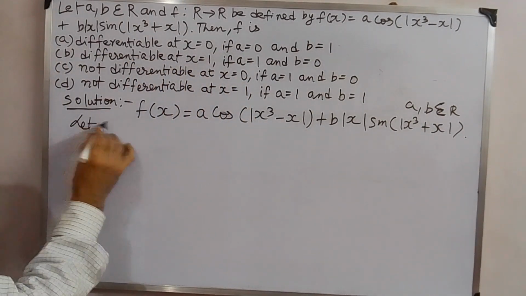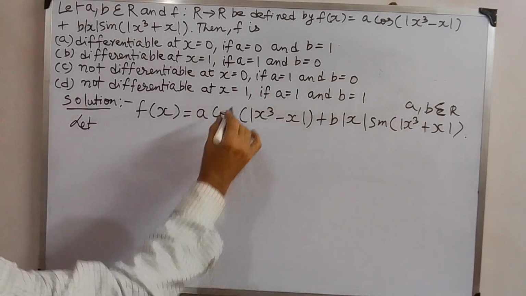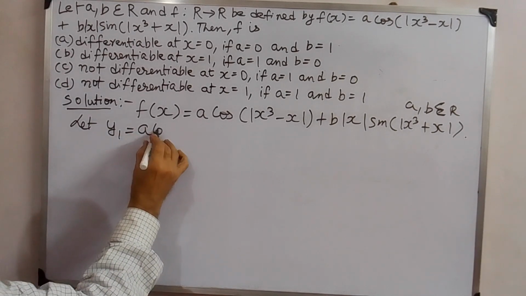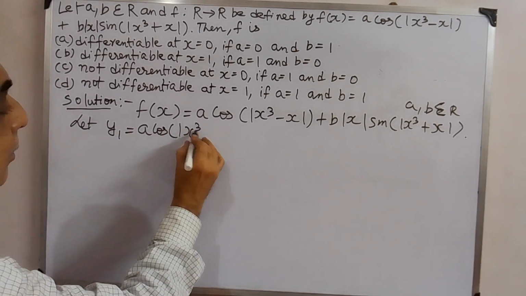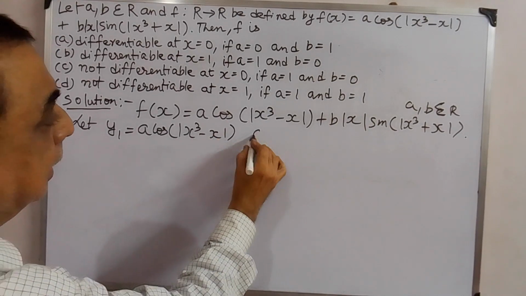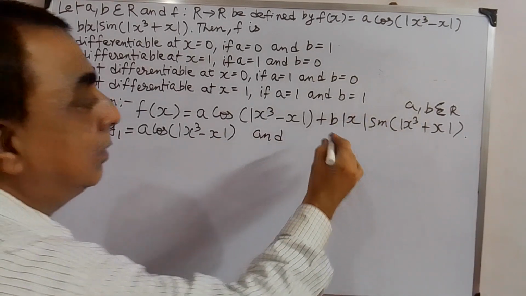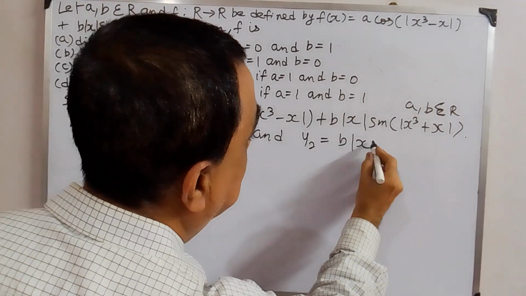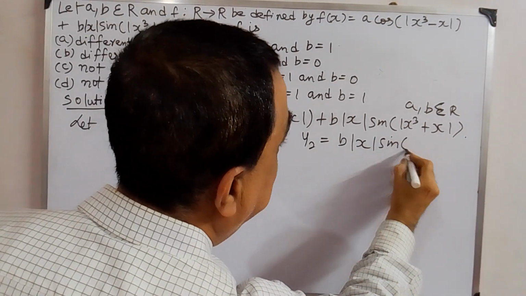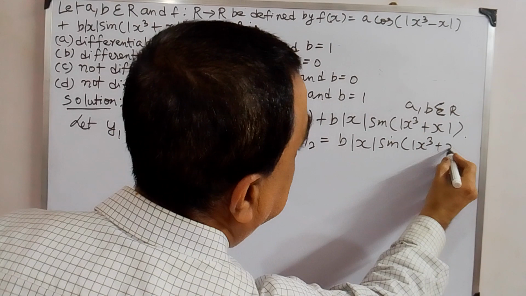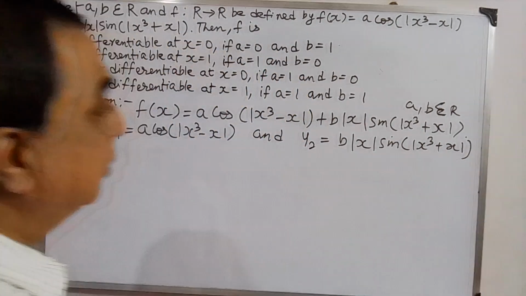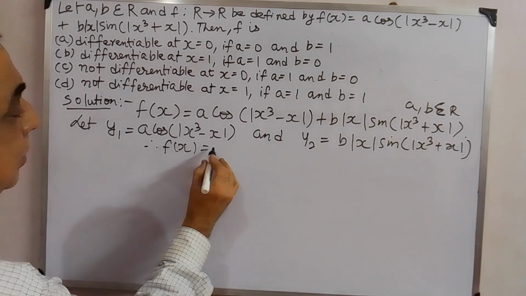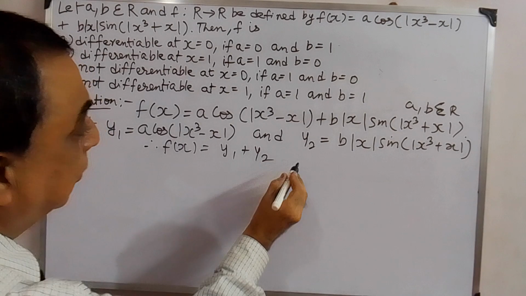I am assuming this is y1, so y1 equals a cos of modulus of x³ minus x, and this function is y2, so y2 equals b into modulus of x into sine of modulus of x³ plus x. Then f(x) will be equal to y1 plus y2.